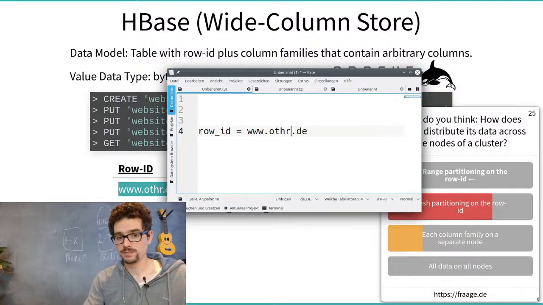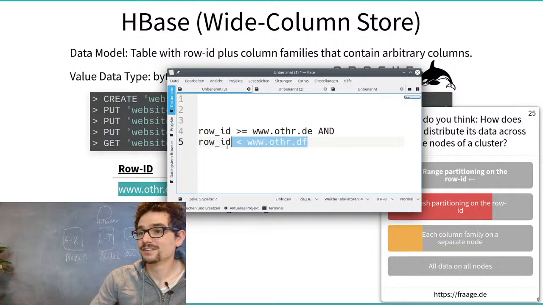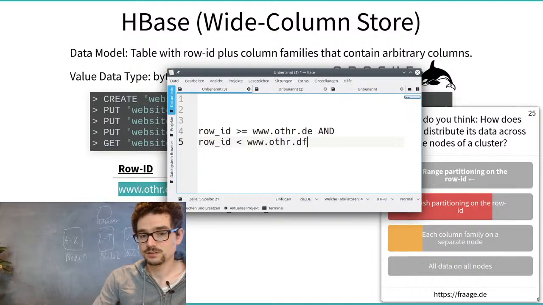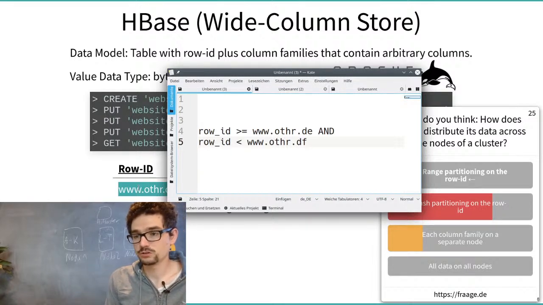Now you can say row ID greater or equal that one, and row ID smaller than othr.df. Okay, this would give you everything that starts with othr.de. And this is very nice because you can then structure your row ID in a way that you have efficient range-based queries.